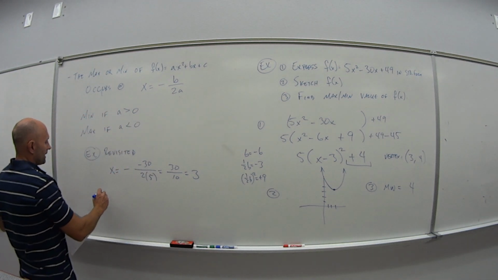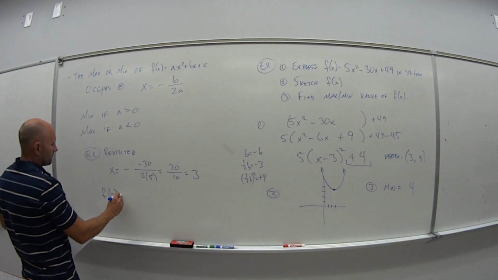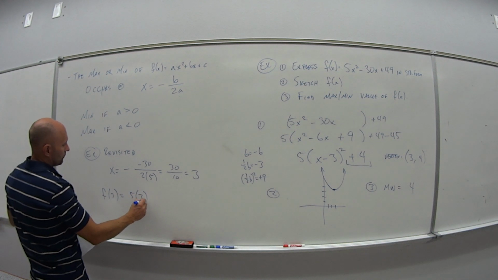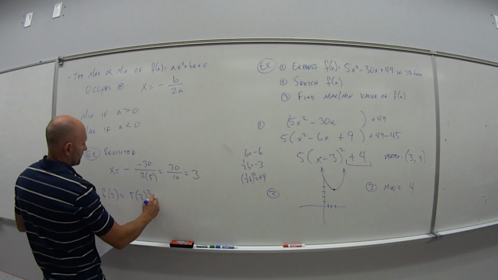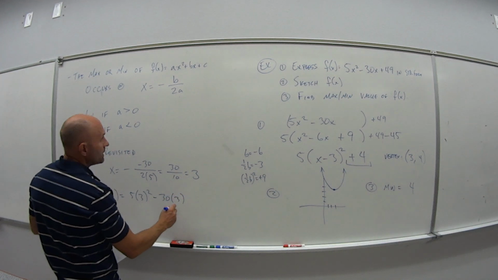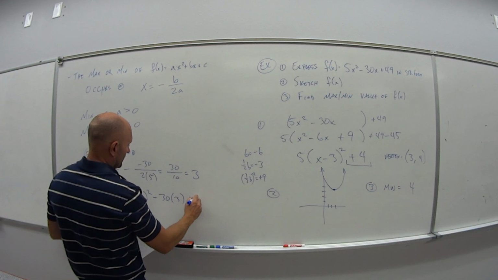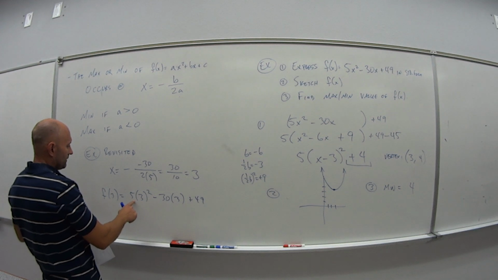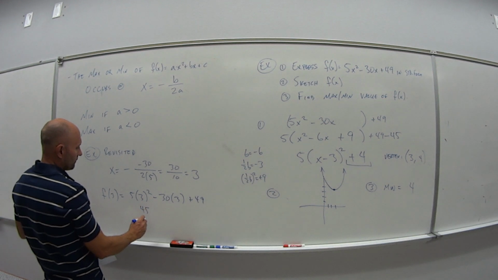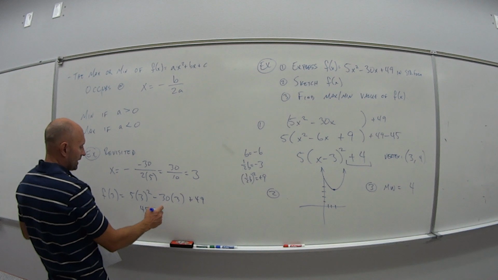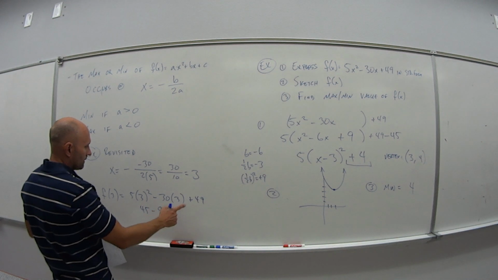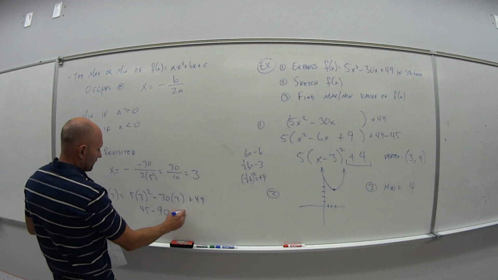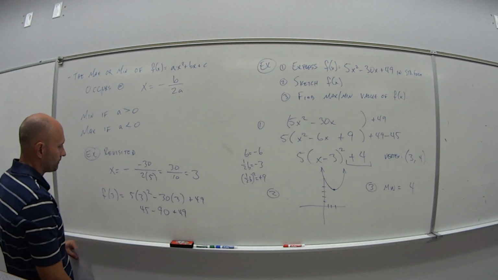And if I figure that out, so f of 3, it's 5 times 3 squared minus 30 times 3 plus 49, which is what? 3 squared is 9 times 5 is 45, minus 3 times 30 is 90, plus 49.